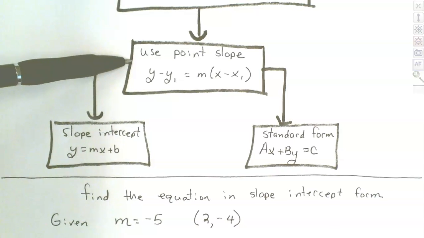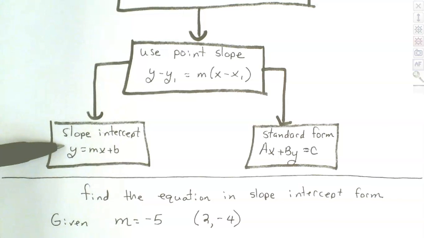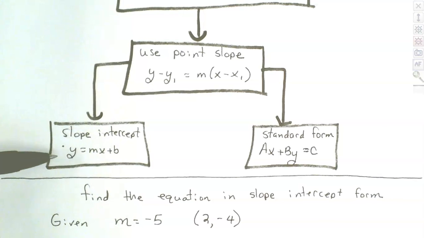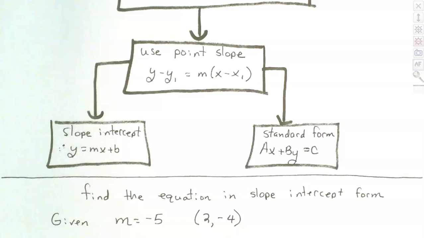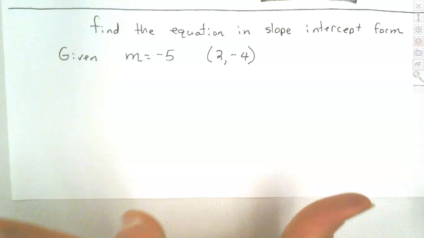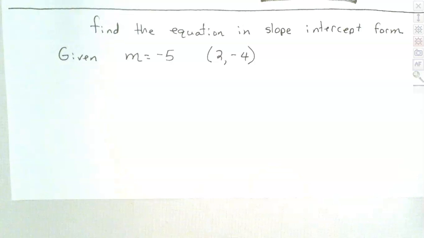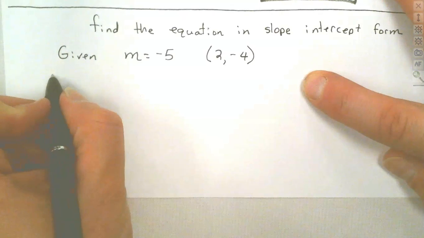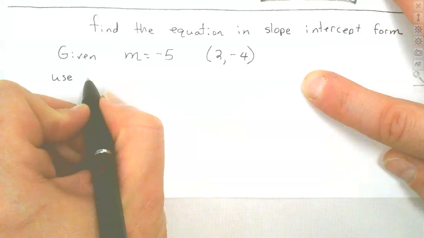Well, in this case, we want it in slope-intercept, so it needs to look like that. That's what our answer is going to look like, just like that. So let's go ahead now and work out this question. And we want our answer again in slope-intercept form. So we have a point and a slope, so we begin by using point slope.